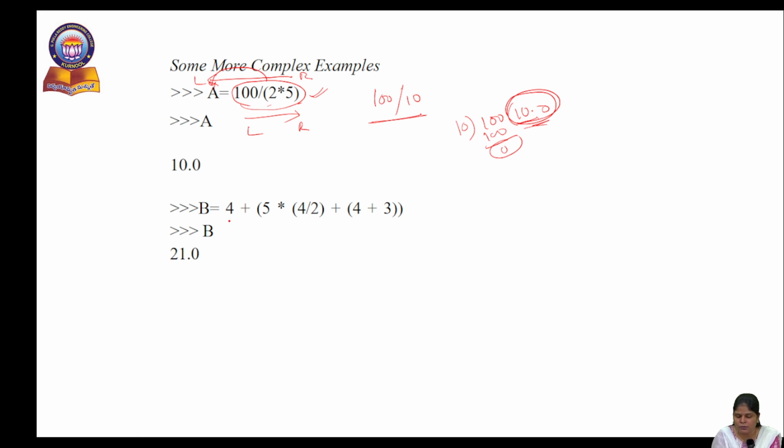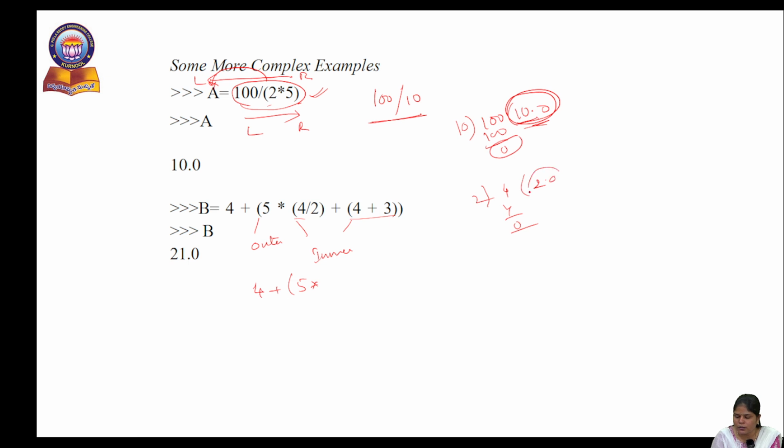Next we have an expression 4 plus 5 into 4 by 2 plus 4 plus 3. Now when we see, this is an outer parenthesis, and these two are inner parentheses. So first the innermost will be evaluated, and then the outermost. The innermost parentheses are 4 by 2 and 4 plus 3. So 4 plus 5 into, what is the value of 4 by 2? 4 divided by 2 is 2.0.